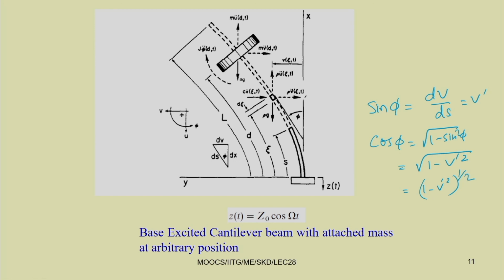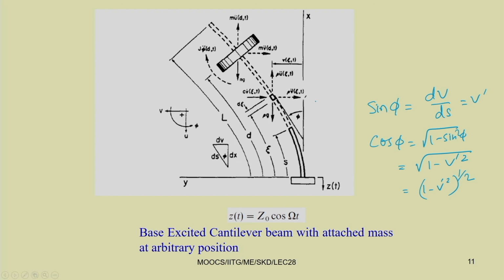So, in this beam, particularly in this vertically base excited beam, we can take a very small element. So, this small element is subjected to what forces? Let us first see. This is the weight rho g, and then the inertia force, that is rho u double dot, in longitudinal direction.